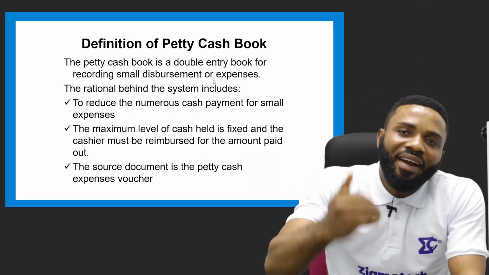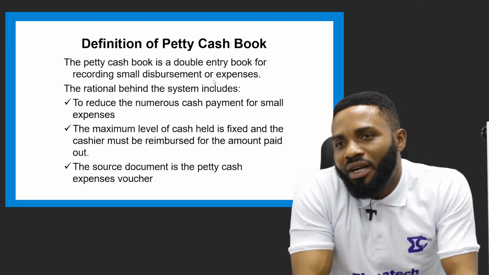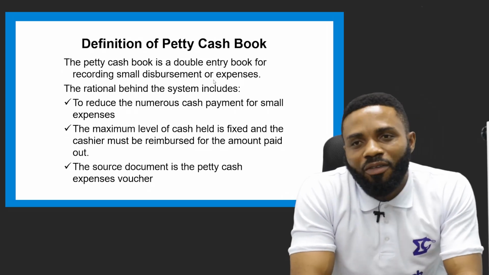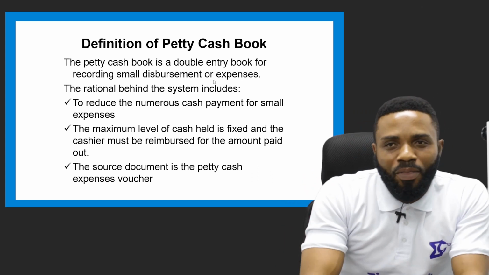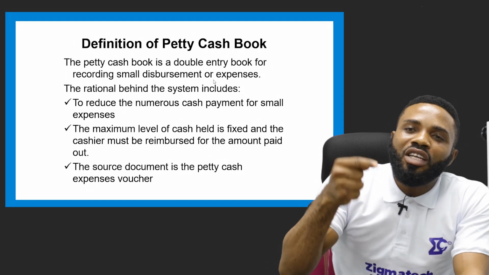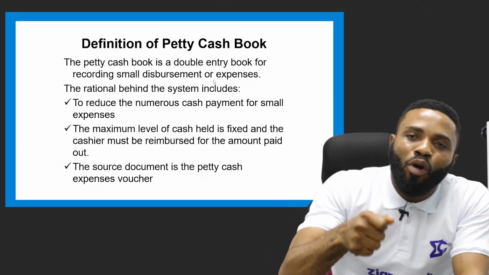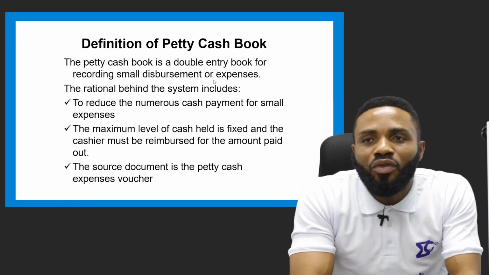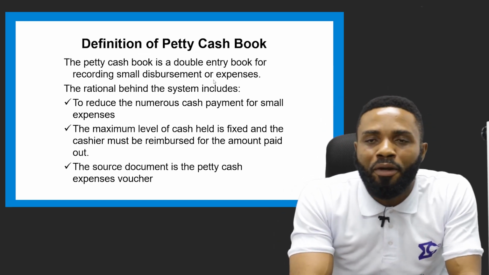So if I have an idea, this will be communicated to management. I can say, okay, management, in this office, what I need is 200,000 for a month. That 200,000 should be fixed, and the money that will be released to you is going to be based on the expenses you are expected to incur in the office. So I said the maximum level of cash held is fixed, and the cashier must be reimbursed for the amount paid out.